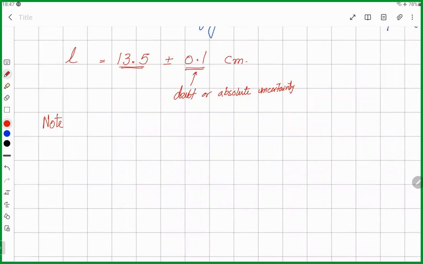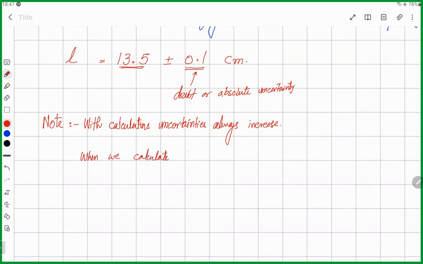Note: with calculations, uncertainties always increase when we calculate a quantity using two or more quantities.